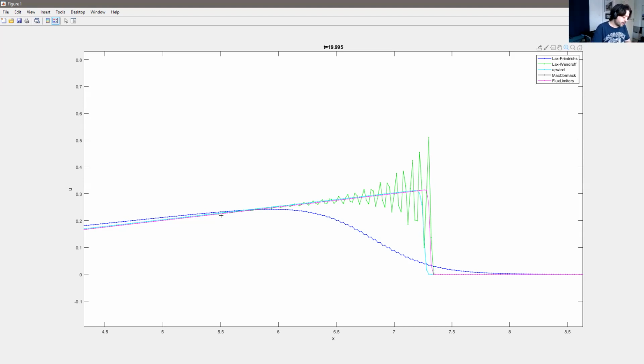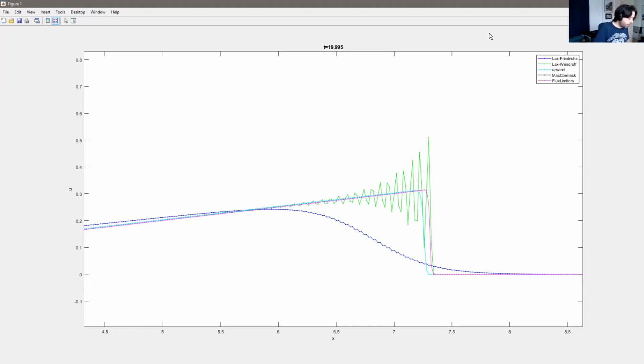So it really follows the expansion fan up to the point where you have the discontinuity, then you rapidly go down, you have a clear discontinuity, and then you're zero again. I guess this picture to some extent shows us what we mean with diffusive and dispersive behavior.